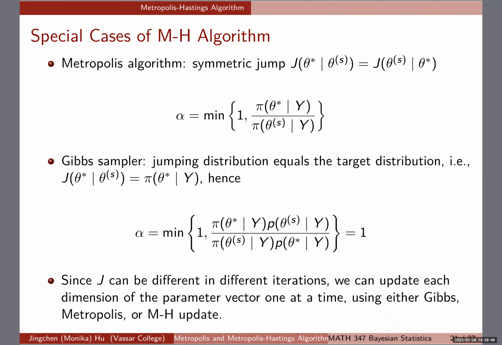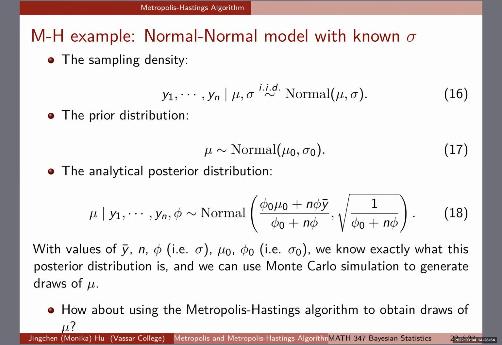All right. With that, I want to show you the normal example once again. We still have the known sigma over here, so in that case we know the analytical posterior distribution is normal. Instead of doing Monte Carlo directly, let's try to use Metropolis-Hastings. We saw that example earlier for Metropolis, where we used a uniform as the symmetric jumping distribution for the normal.